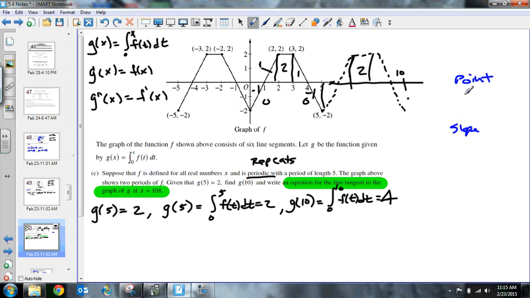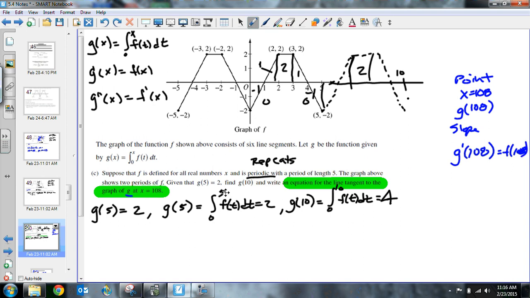My point, I have an x value of 108. I need to find a y value at 108 of g, okay? So I'm going to find g of 108. And then I need a slope at x equals 108. So I'm going to write g prime of 108, okay? Which is really just f of 108.